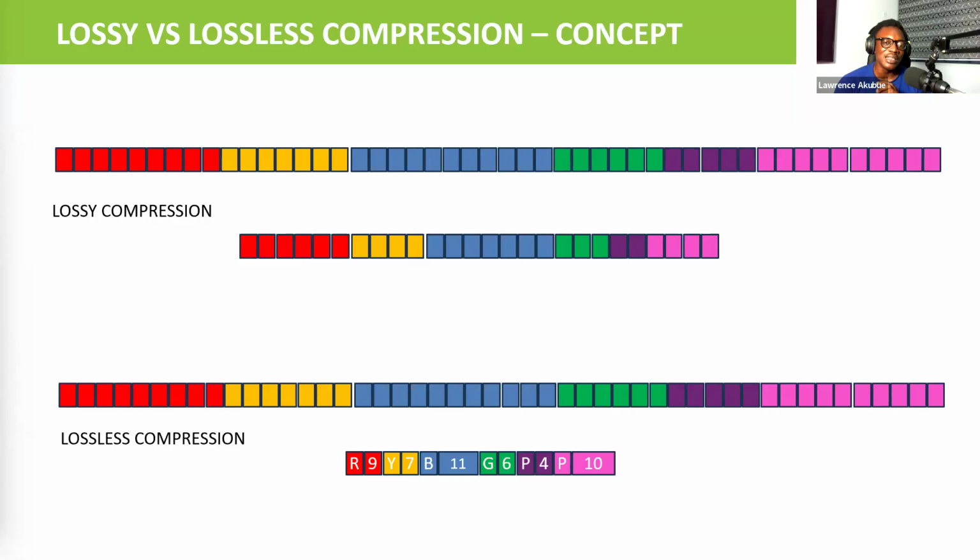The other one is B11, G6, P4, and so on. Now you can see it has been compressed, but it has not lost anything. It just stored information in such a way that if I take it to another system, I can regenerate back the original one because I have the numbers that are there. But in the first one, I cannot regenerate it back. So this is lossless. We have not lost anything. It's just the name like that. It's very easy to understand.